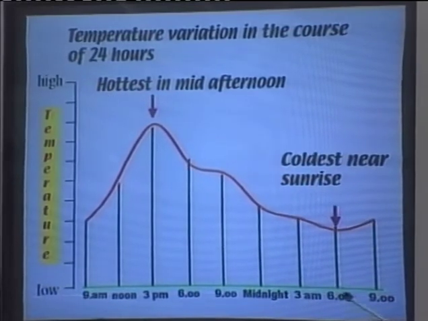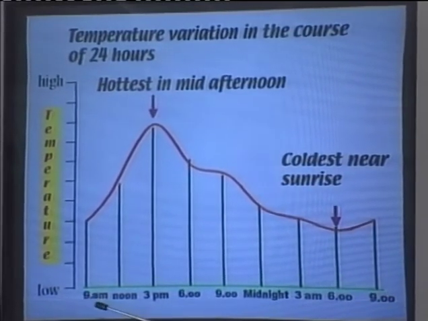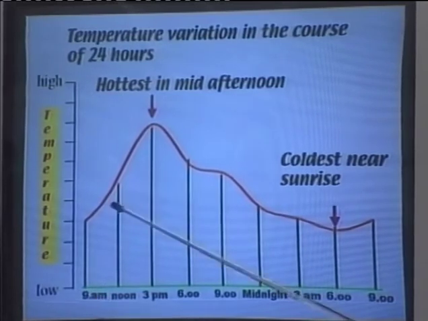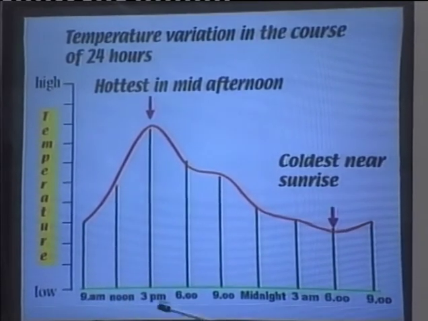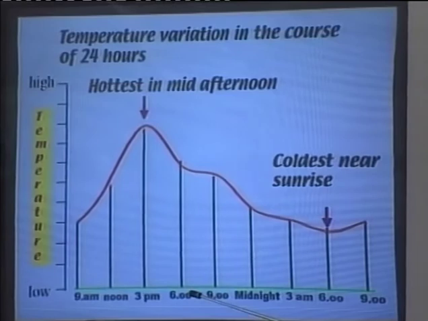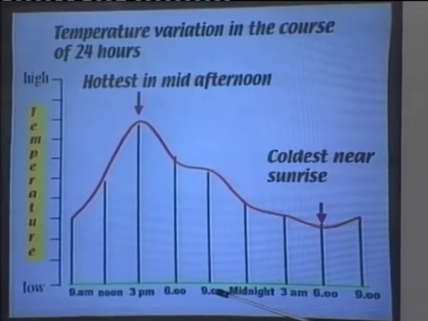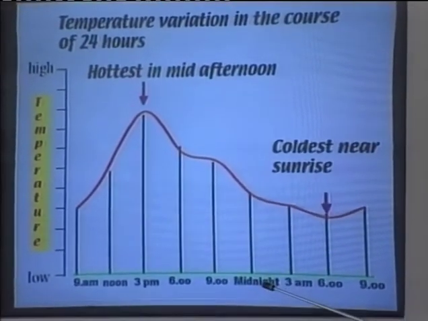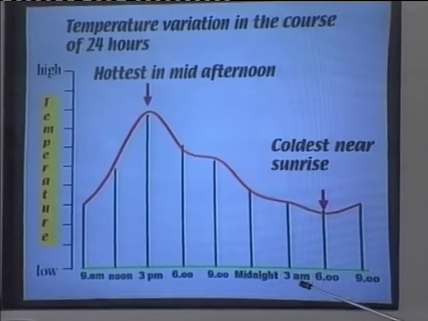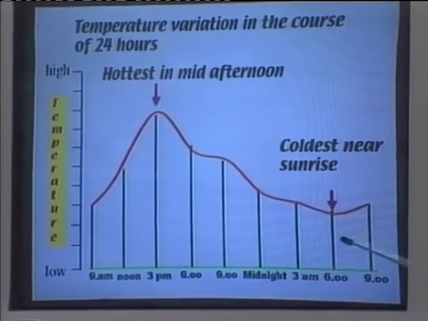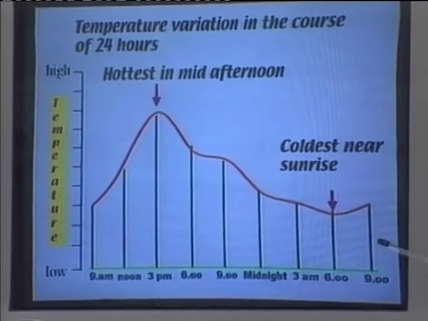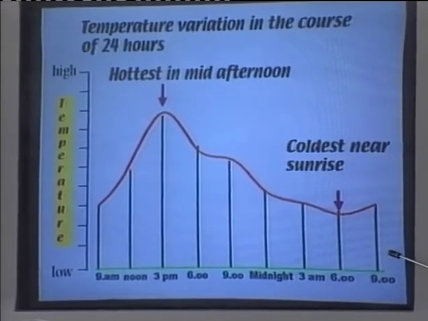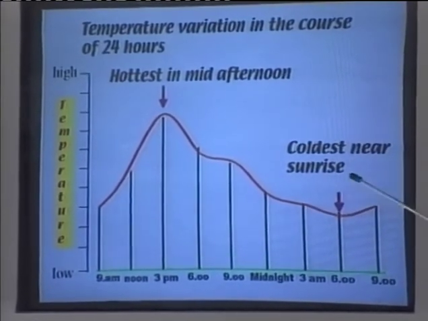On the horizontal axis, I have from 9 a.m. in the morning, 12 noon, 3 p.m. in the afternoon, 6 p.m. in the afternoon, 9 p.m. in the night. We're looking at midnight for this line here, 3 a.m. in the morning, 6 a.m. in the morning, and 9 a.m. in the morning. You'll definitely be correct by saying 6 a.m.